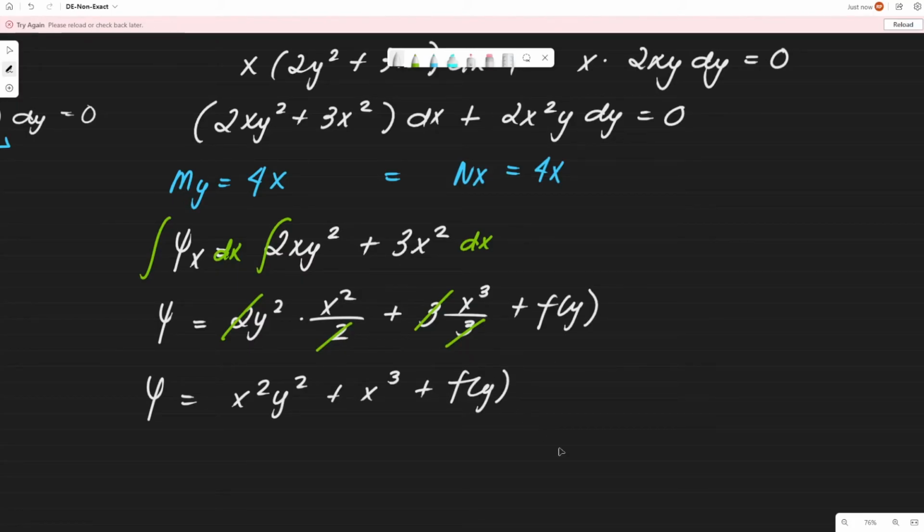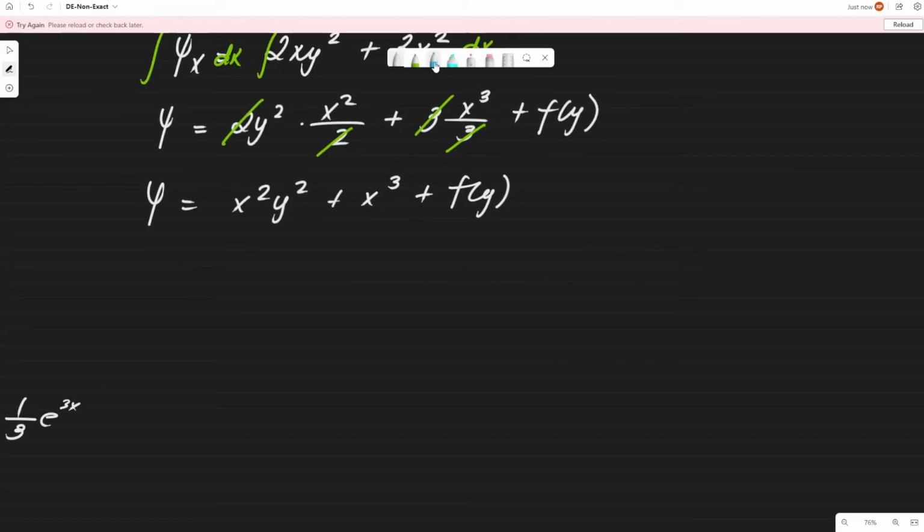Let's get the partial derivative with respect to y so we can get the value of f of y. We'll have psi y is equal to 2x squared y. The x cubed will just be 0 since we are now differentiating in y. So plus f prime of y.